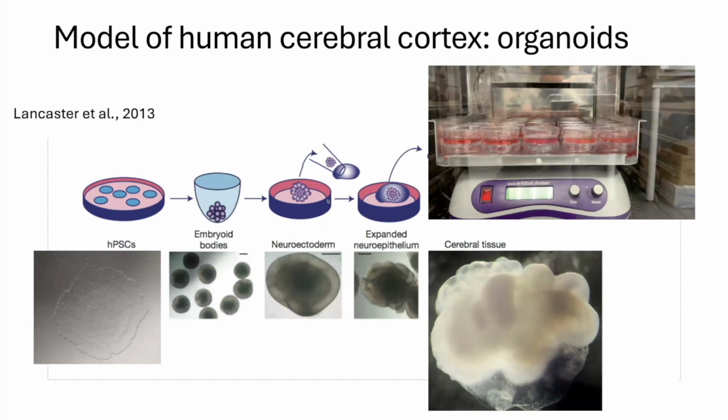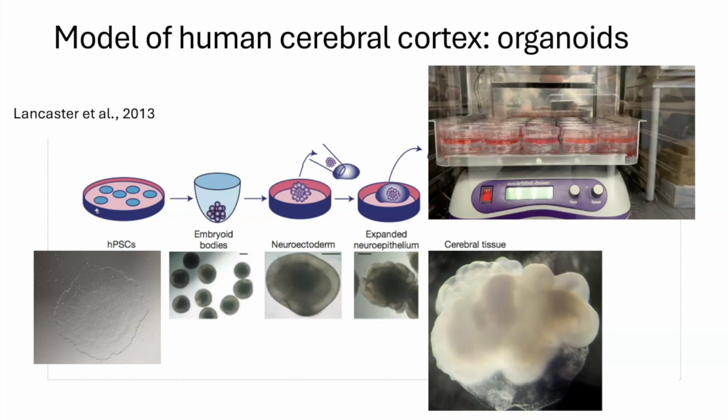We use a model of human cerebral cortex called cerebral organoids. How these cerebral organoids come to be is that we start with human pluripotent stem cells. These can be patient derived: we can take samples from patients and reprogram them into stem cells, then make them into these 3D tissue culture models that we call cerebral organoids.